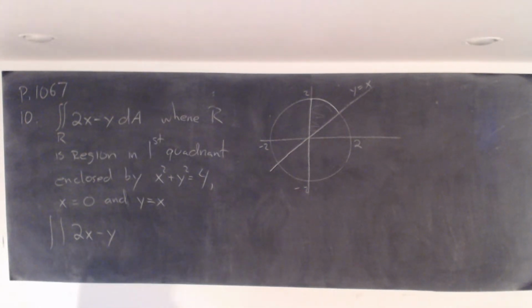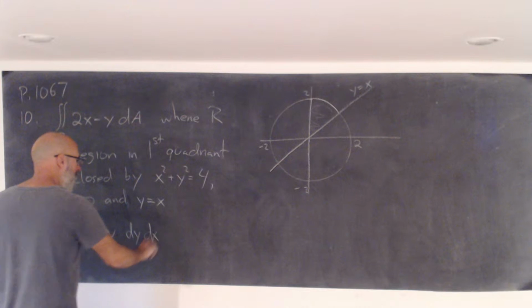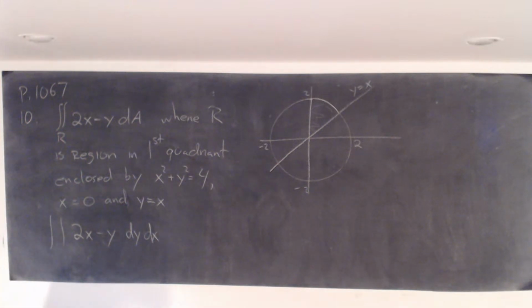That's up to you. You tell me, what do you want to do? We have options. Well, let's set it up both ways. Yishan is saying dy dx. Let's do that. Then we'll set it up dx dy just to see the difference for fun.